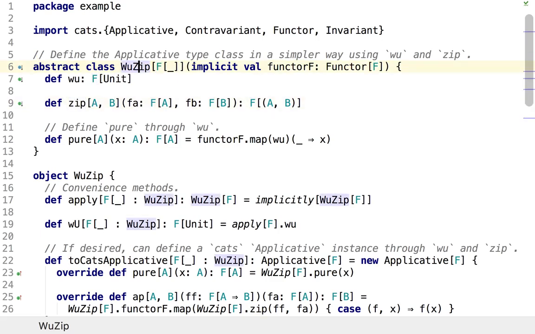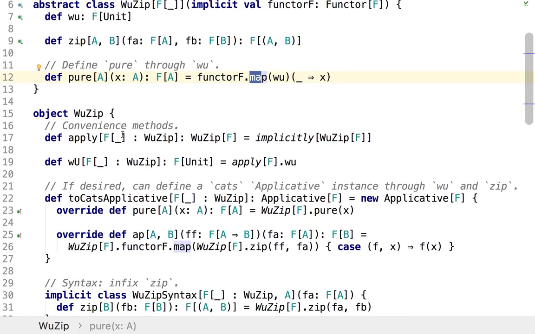I made this type class require a type class constraint that the type constructor f should be a functor. I also defined a pure method because, using the functor instance for f, we can define pure through wrapped unit.